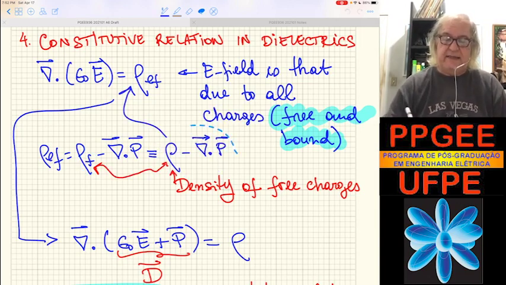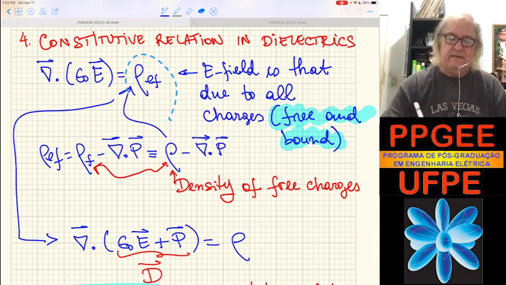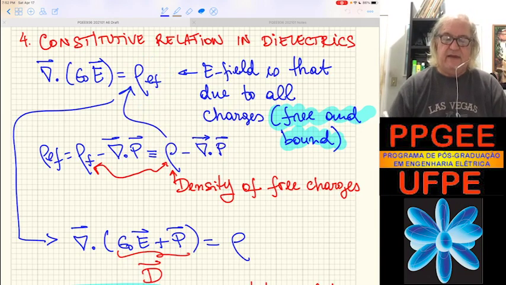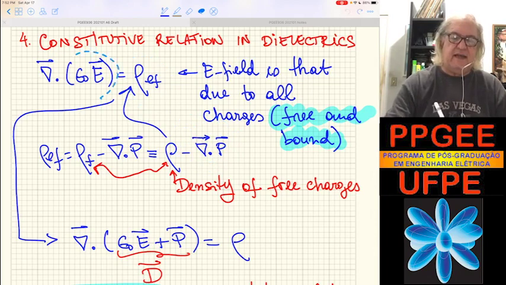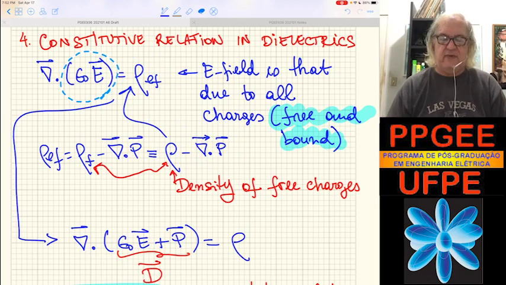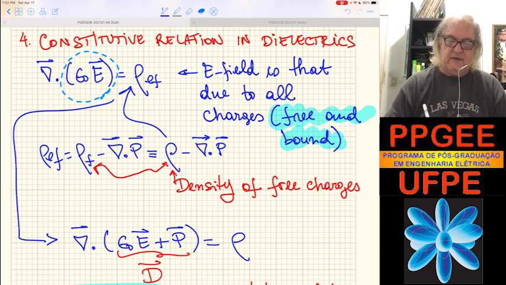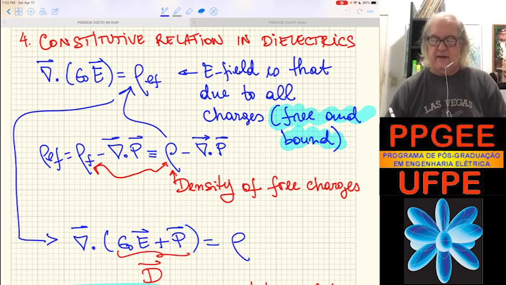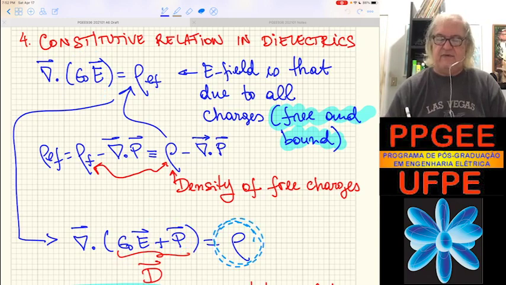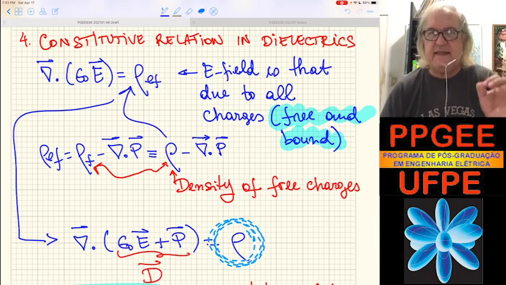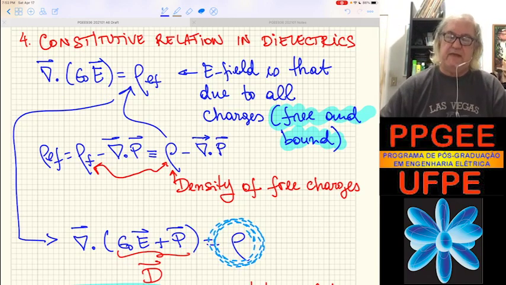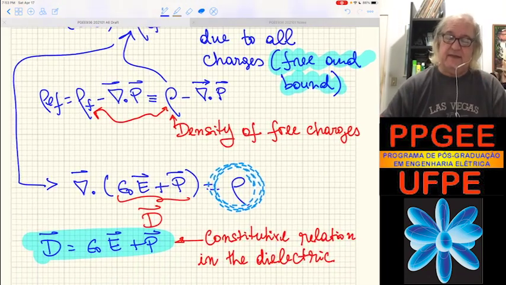So if we plug that in here, right, we can combine the divergence of P with the divergence of epsilon 0 E. We have the sum. So we're going to have something like this. And on the right-hand side, we're going to have rho, which is the density of free charges, those that can move, right?